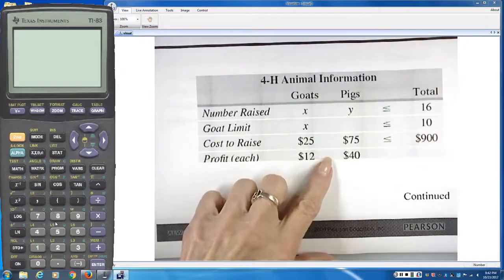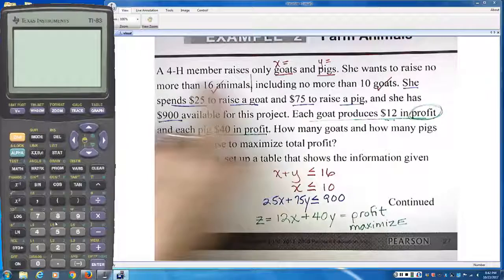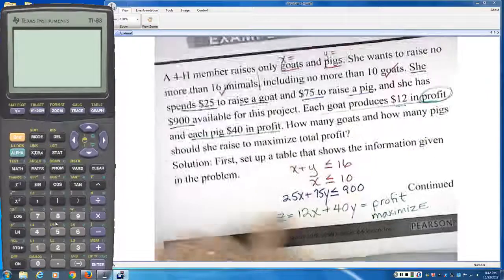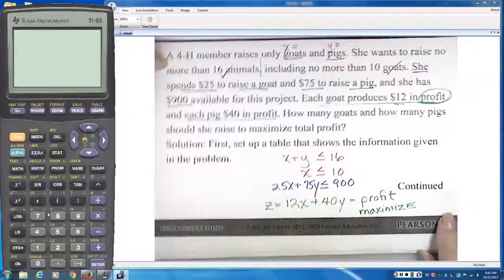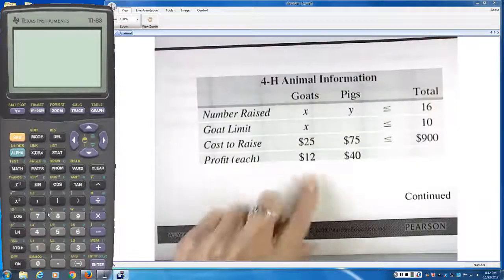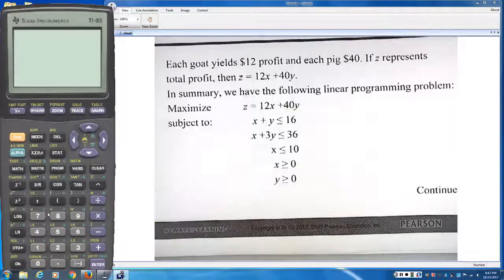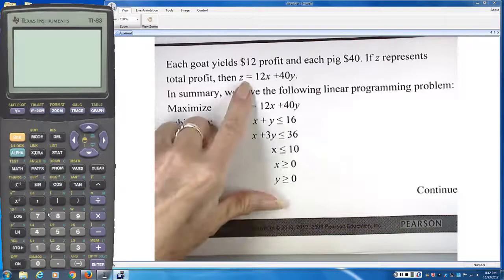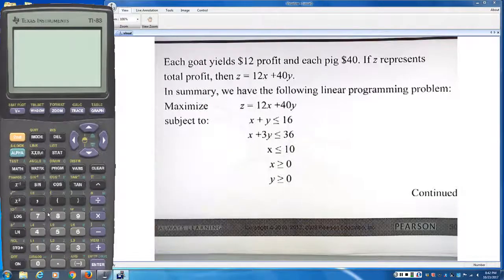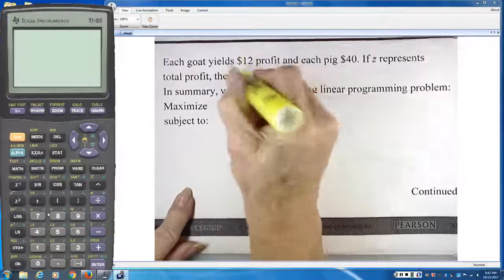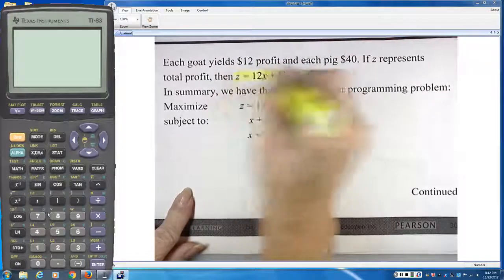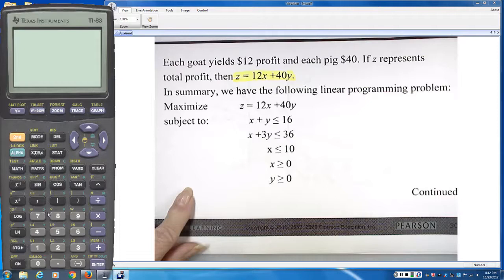Now, in the table, we could have set that up as a table. But as you saw, we didn't actually have to. As we read the problem, we can actually come up with the table as we go along. But we came up with the same table that they did. So here's her setup. This is her profit equation. And she wants to maximize that profit.